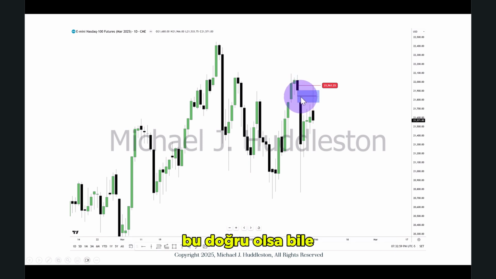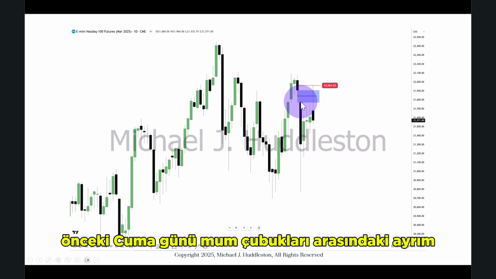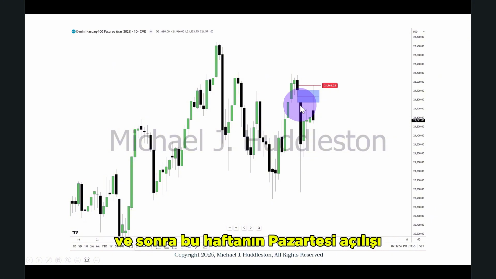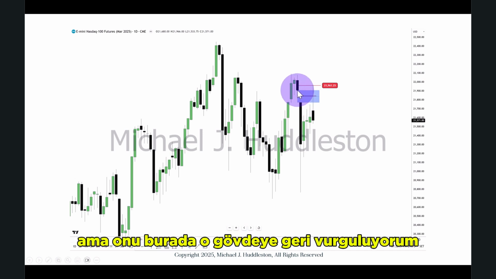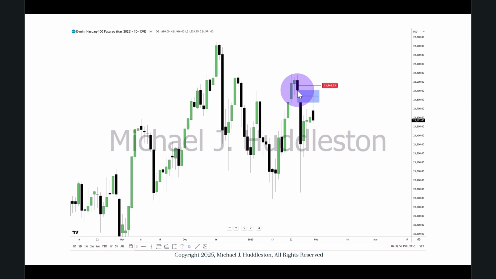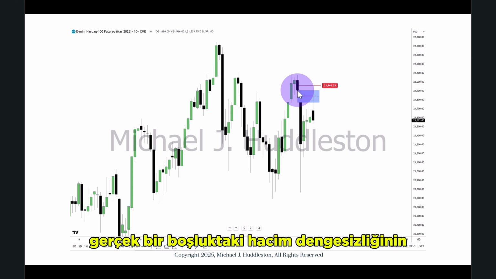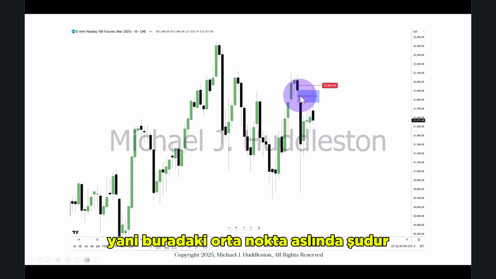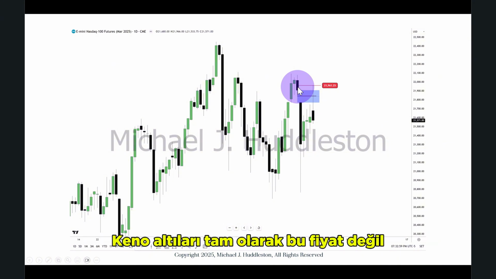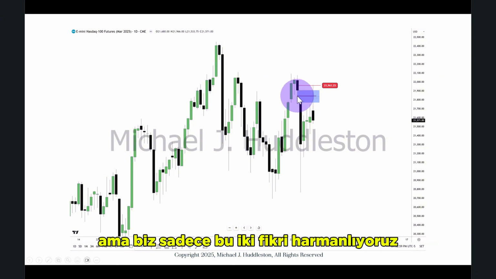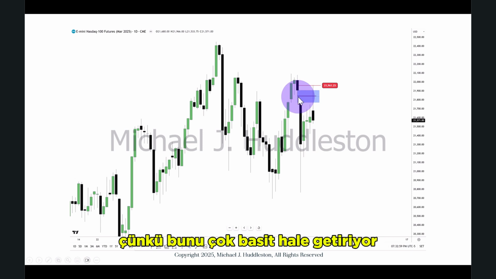So even though this is a true separation between the candlesticks of previous Friday and this present week's Monday's opening, that is a real gap, but I'm highlighting it back to that body here. So it's kind of like a hybrid of a volume imbalance and an actual gap. So that midpoint here is actually just the same thing as the low of that previous Friday's candlestick. That's not the exact price, but we're just blending those two ideas because it makes it very simple.